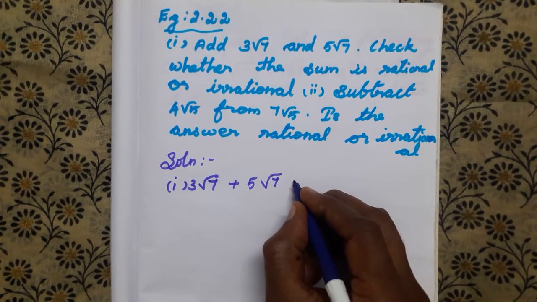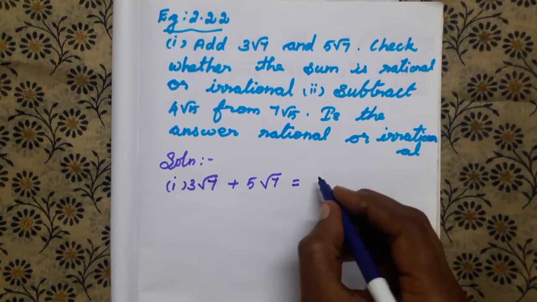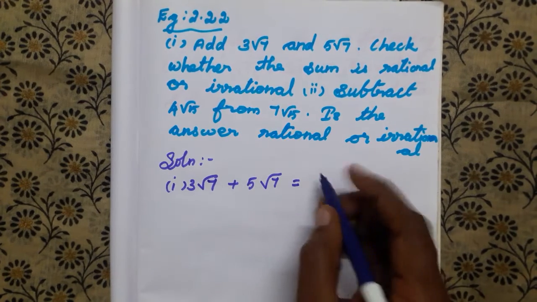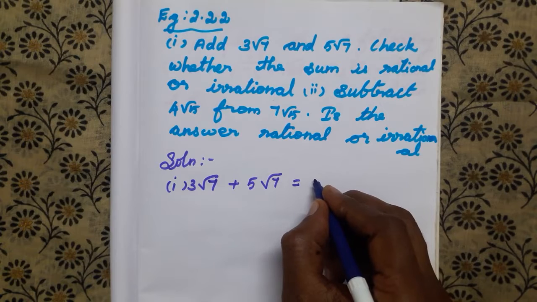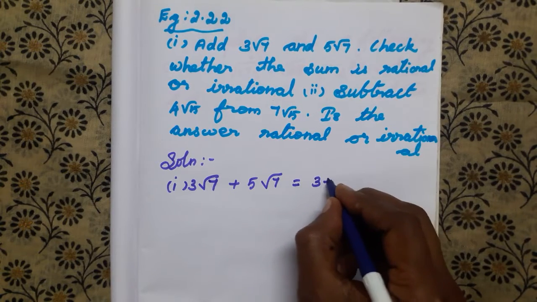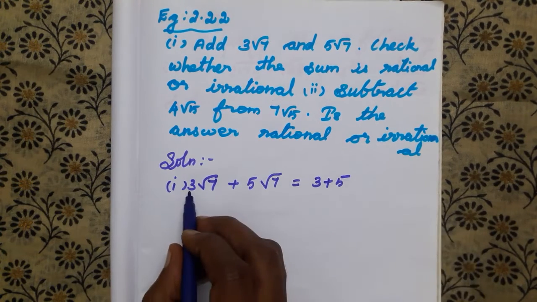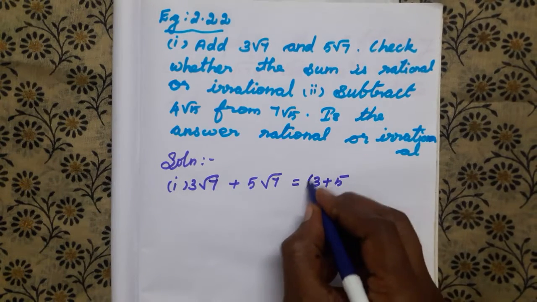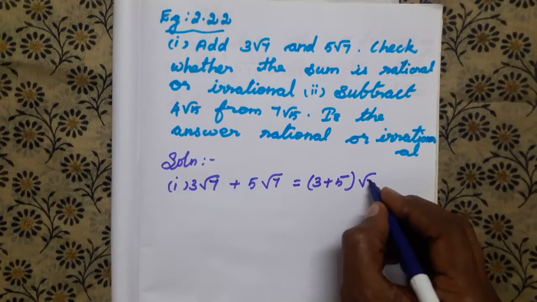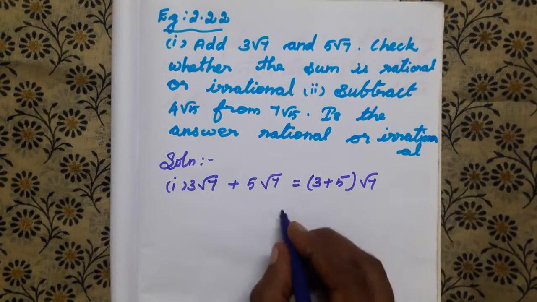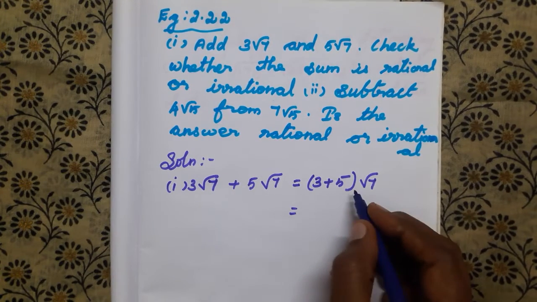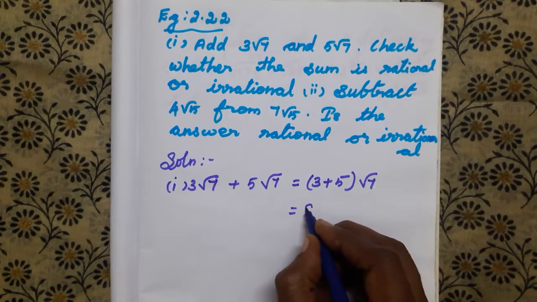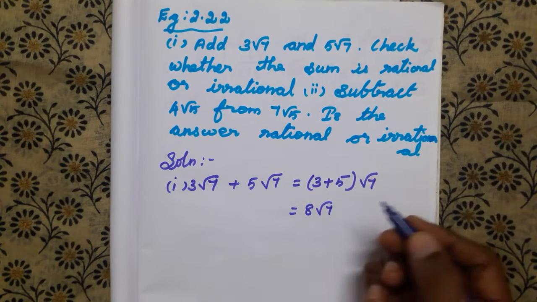How can we add this? In the previous class itself I have explained this. The coefficient of this is 3, here the coefficient is 5, root 7. 3 plus 5 root 7. 3 plus 5 is equal to 8 root 7.